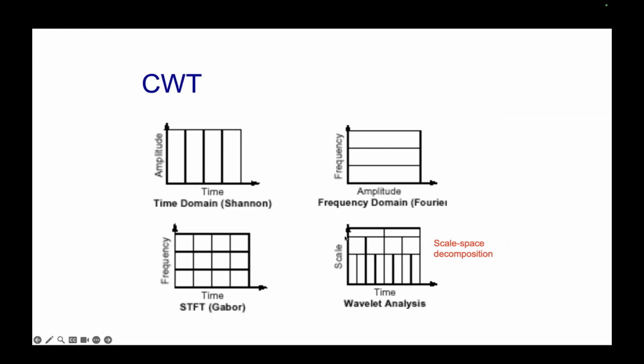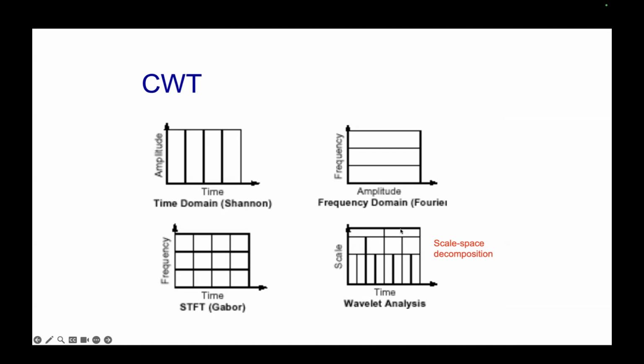Now, the only difference between these two is that this is representing lower frequencies near zero and higher frequencies as we go up on the y-axis. This is the opposite. So this is a wider wavelet, so it's representing lower frequencies. And as we come to zero, it represents higher frequencies. There is a way to invert this, but this particular graph is showing it this way.